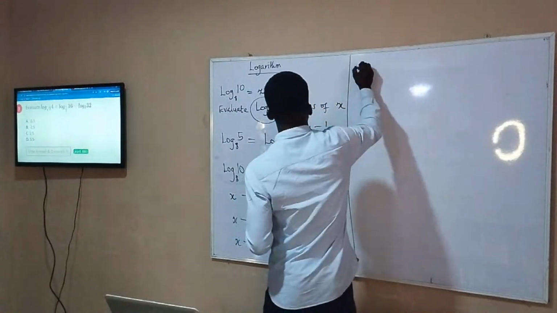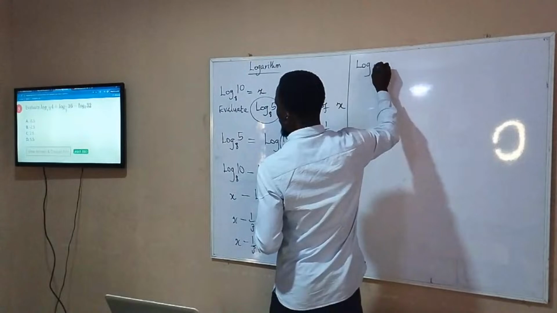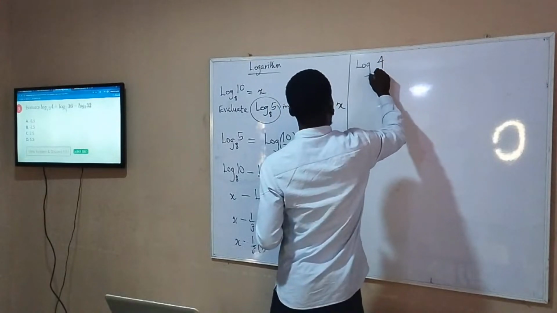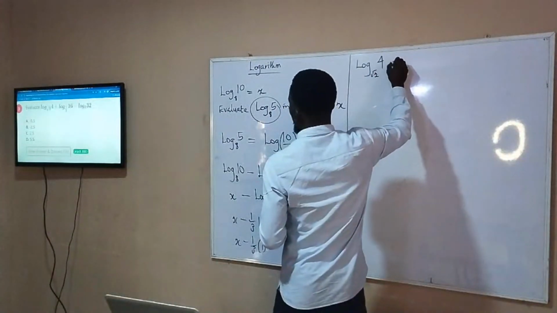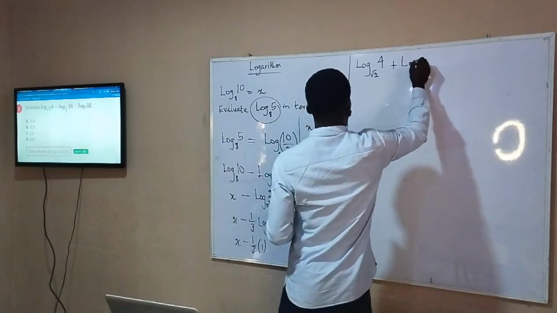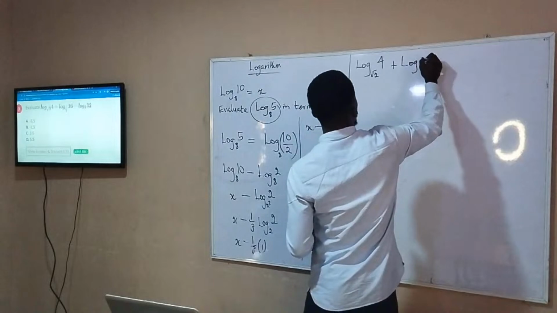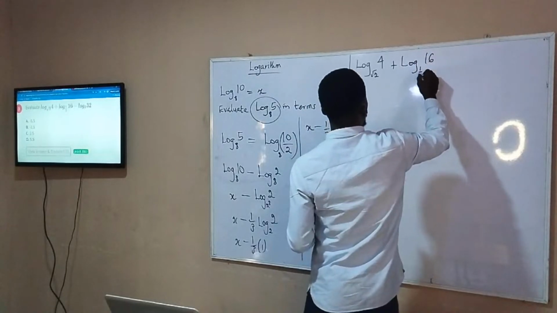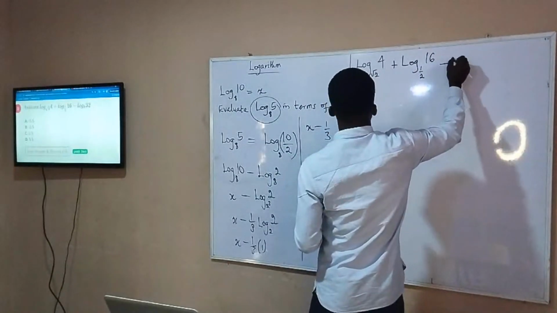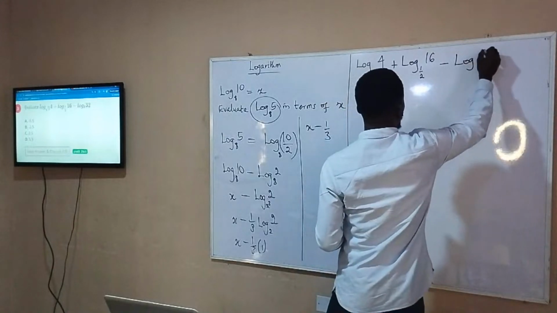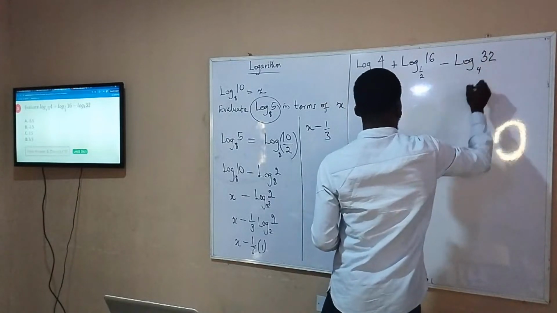So we have log 4 base root 2 plus log 16 base half minus log 32 base 4.